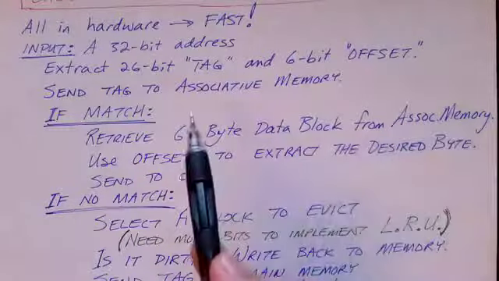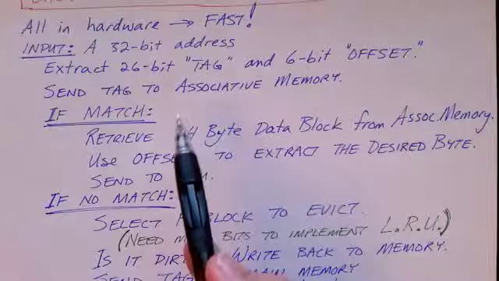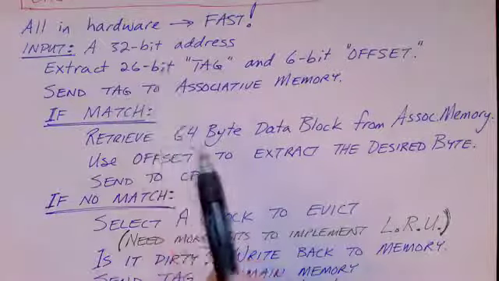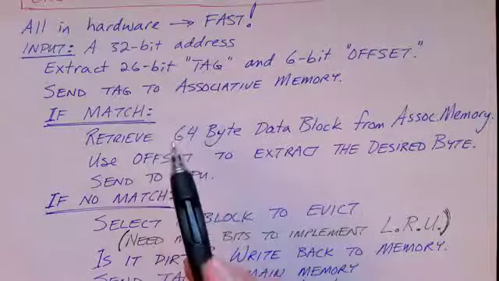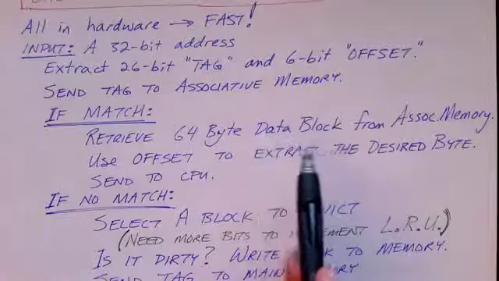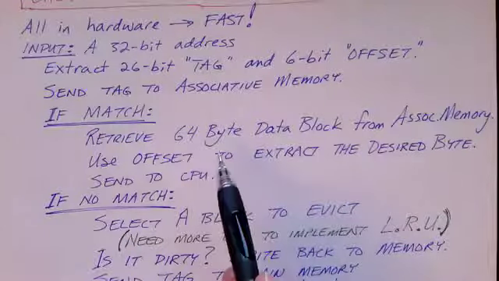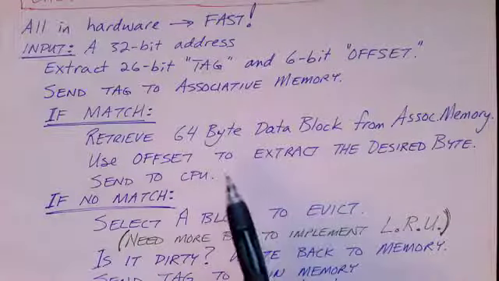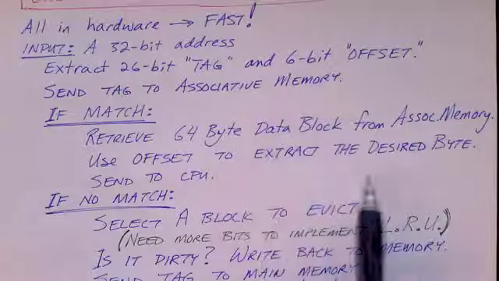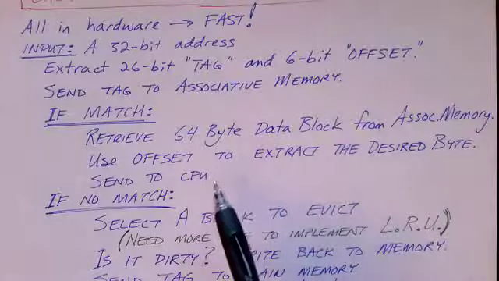If we find a match, then that means one of the lines in the cache has a key that matches this tag from the address. And so if we have a match, 64 bytes come out. The data from that line is fed out, and the cache system then uses the 6-bit offset to extract the desired byte or bytes, and it sends those on to the CPU.